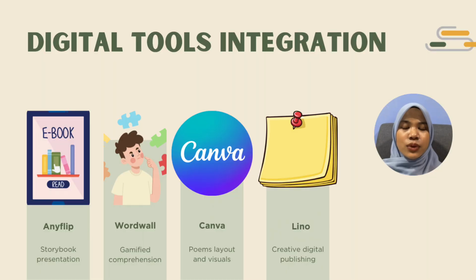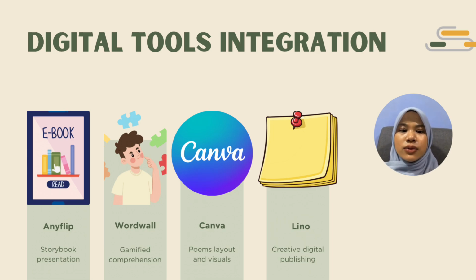Okay, so in both activities, I made effective use of educational technology to support engagement. The first one is AnyFlip, for storytelling presentation. The second one is Wordwall, for interactive sequencing, a gamified online game for education. The third one is Canva, for visuals and poetry design.